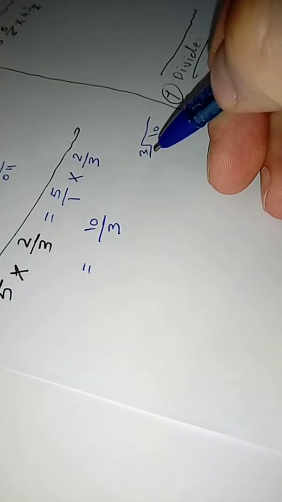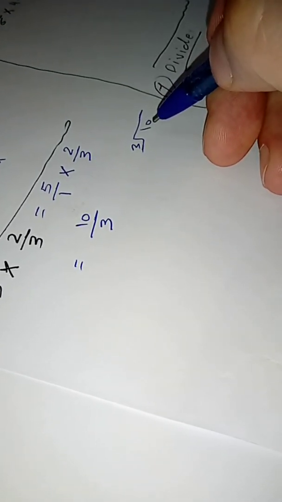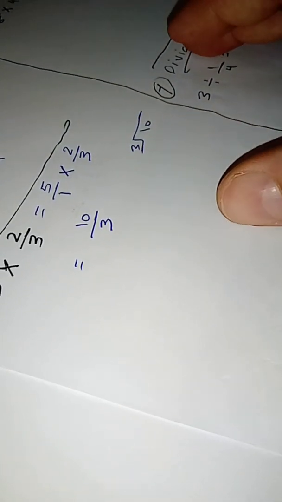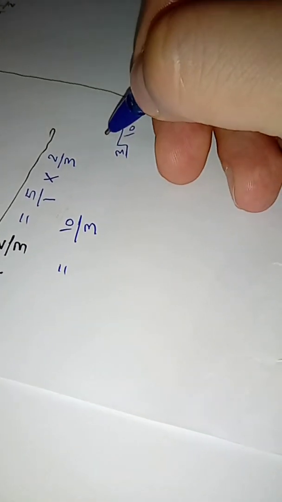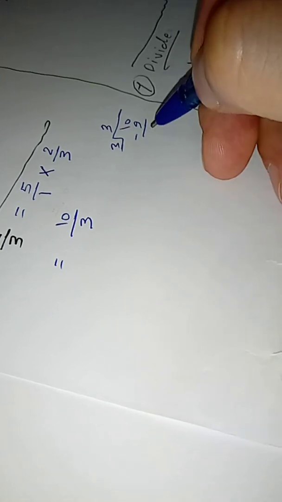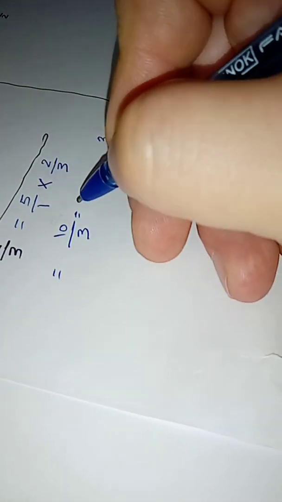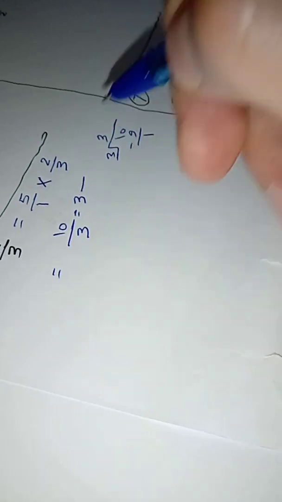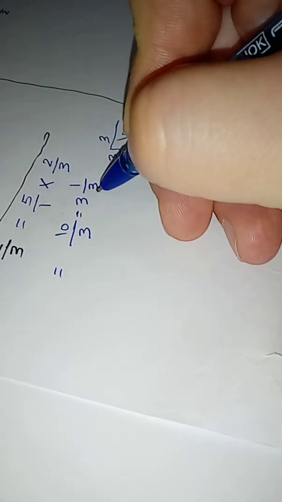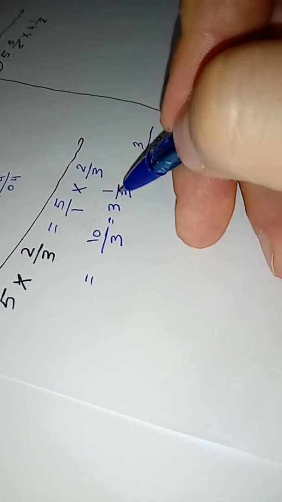Which number times 3 equals 10 or less than 10? 3, because 3 times 3 will be 9. 10 minus 9 will be 1. So the quotient is the whole number, the remainder will be the numerator, and the divisor will be the denominator. So this is the mixed number.